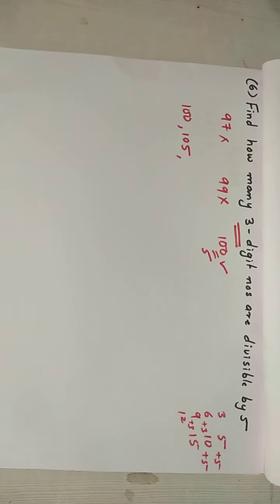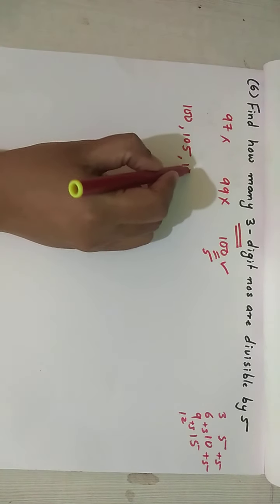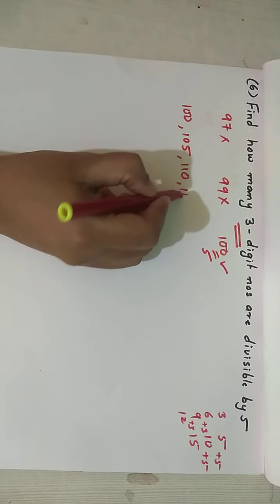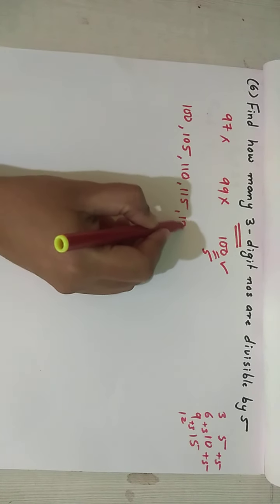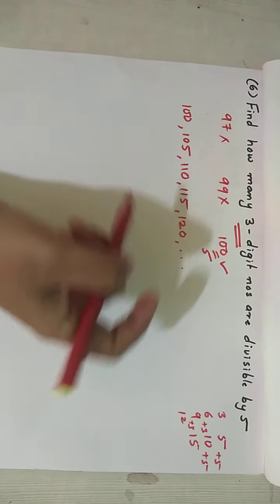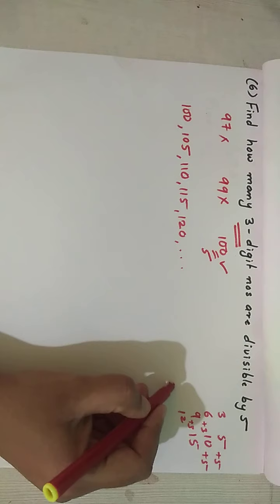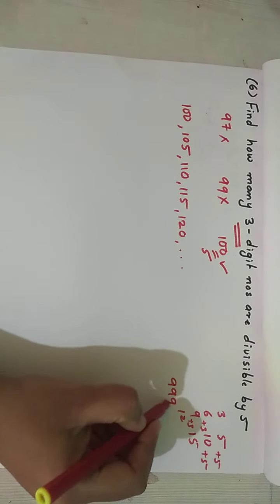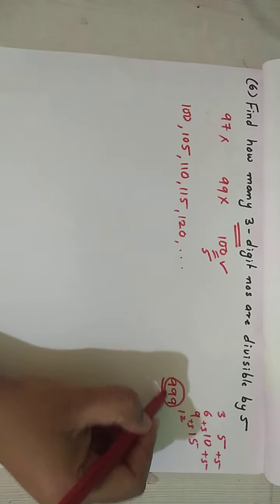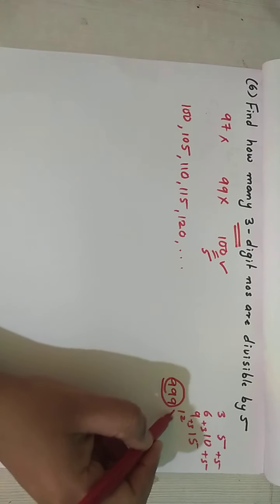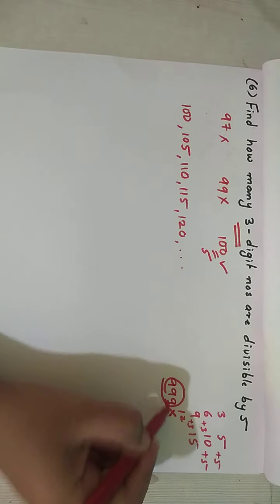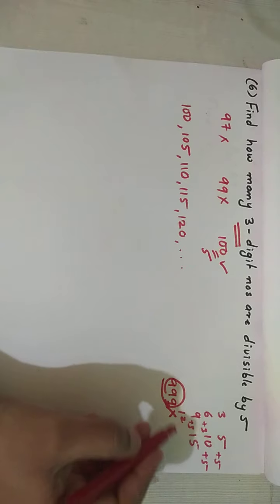Keep on adding 5: 110, 115, 120, and so on. Now we are not going to keep on doing this till we find the last number. This is not possible. So let's go to the last 3-digit number. The last 3-digit number will be 999. Does 999 go in the table of 5? No, because in the end it is not 0 or 5.